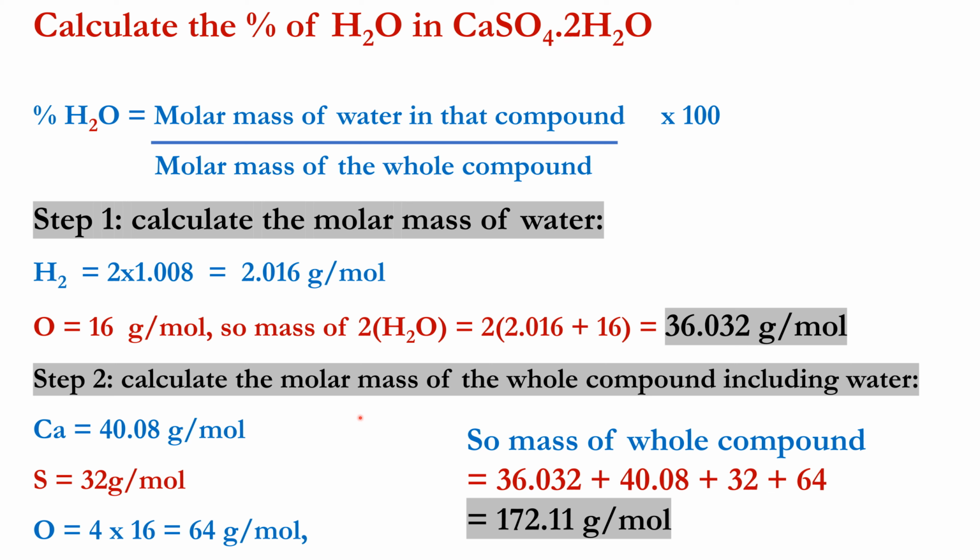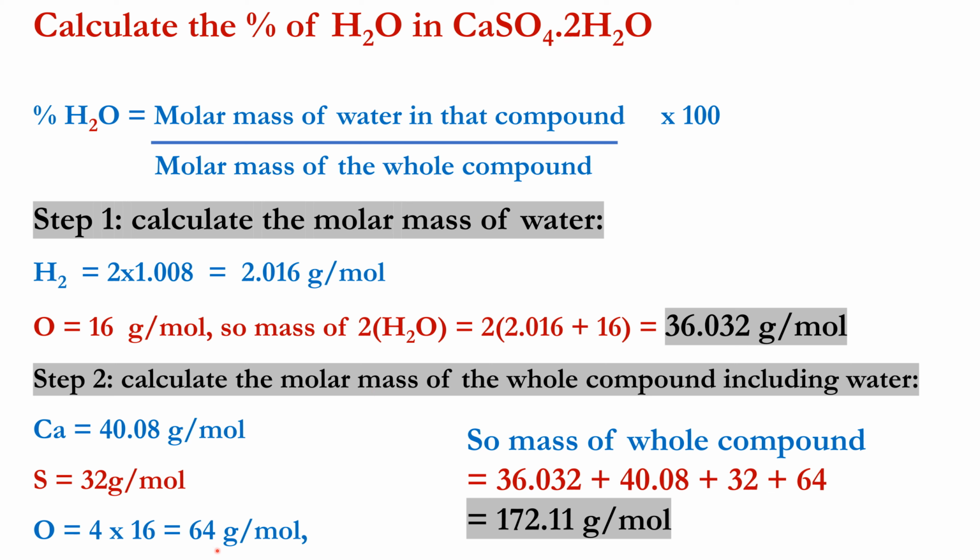So step 2 is to calculate the molar mass of the whole compound, including the 2 water molecules. For calcium, the molecular weight is 40.08 gram per mole. Sulfur is 32 gram per mole. Oxygen is 4 multiplied by 16. 16 is the molecular weight for oxygen, and we multiply by 4 because we have 4 oxygen atoms.